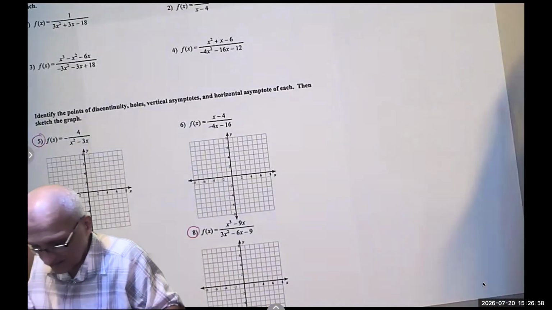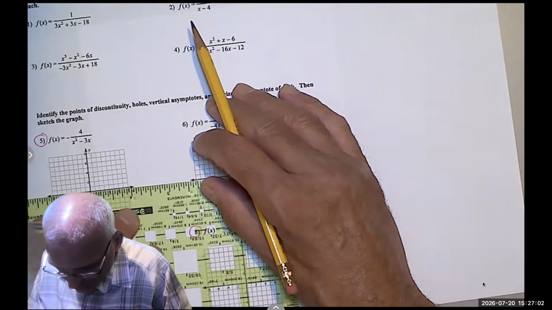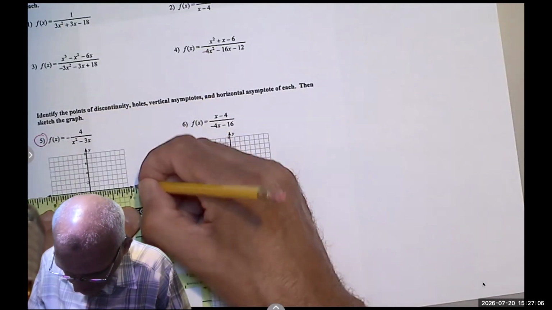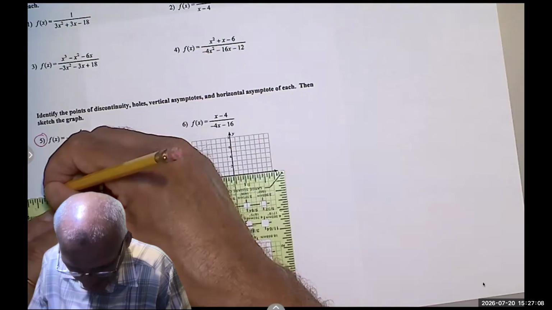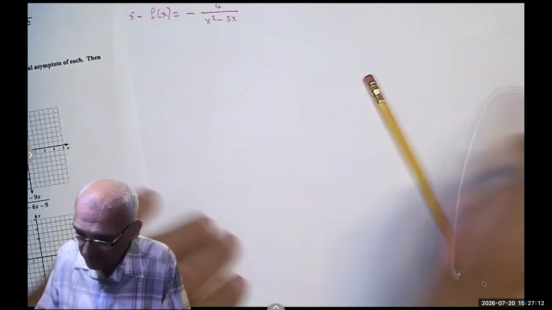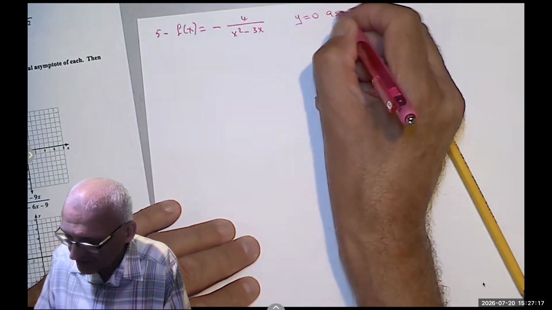The x-axis is already drawn, but I'm going to just add dotted lines so I know that this is an asymptote. y equals 0, asymptote.